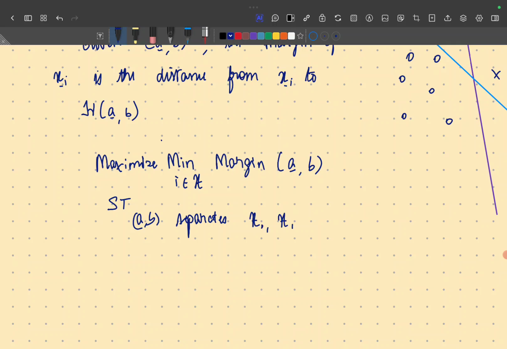x0 and x1. So can't we maximize the maximum point or the rightmost point of the left convex set and the leftmost point of the right convex set? Can't we maximize the distance of the points from the boundary line?